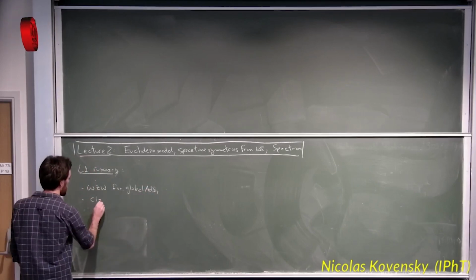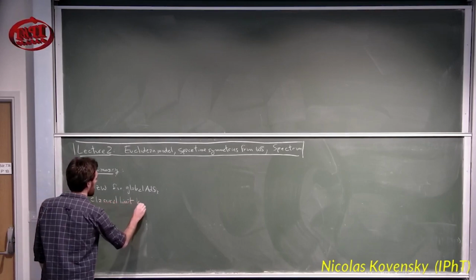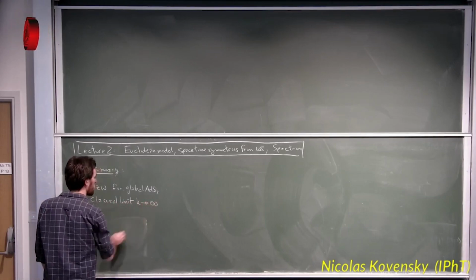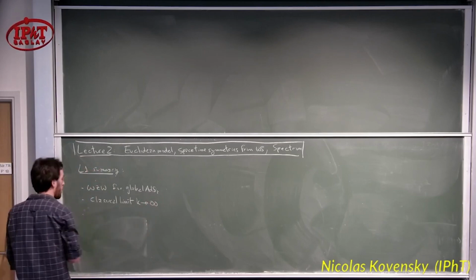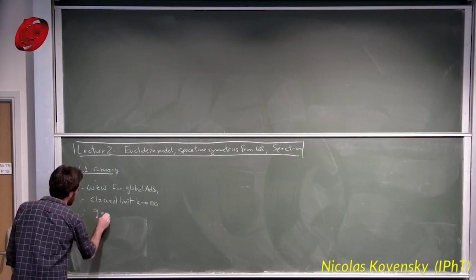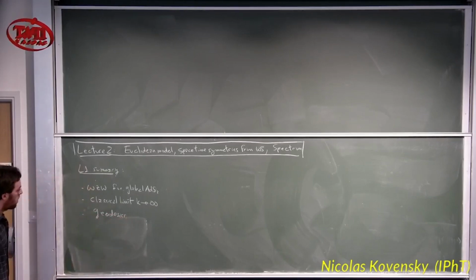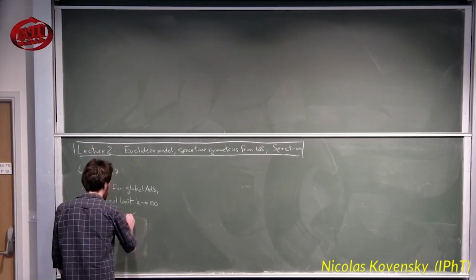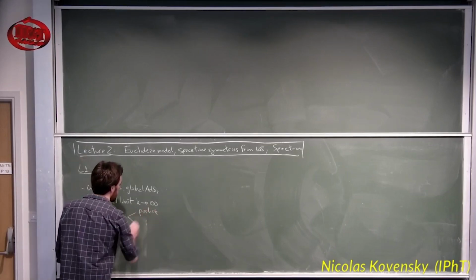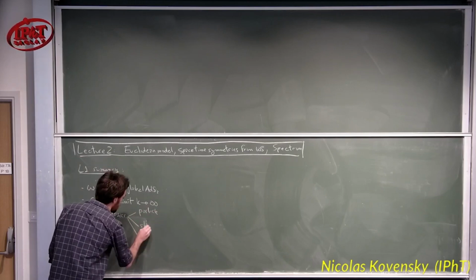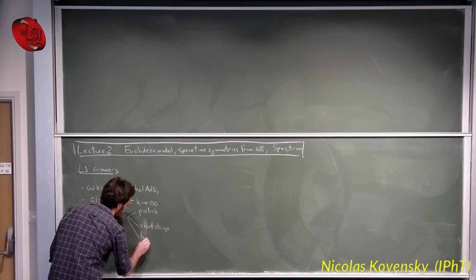Then we went into the classical limit, which corresponds to the case where we take the level to be very large. And we looked at the geodesics. And we tried to identify not only the particle geodesics, but also the short strings and the long.